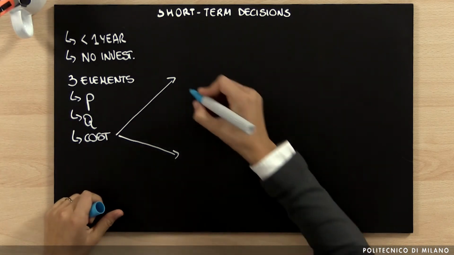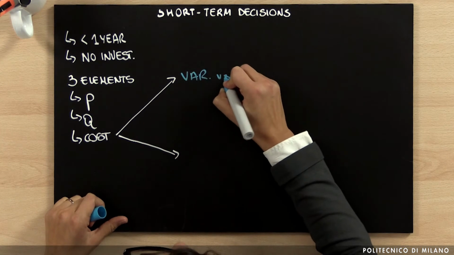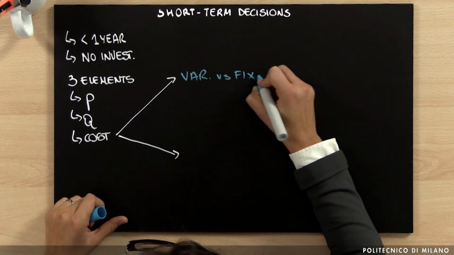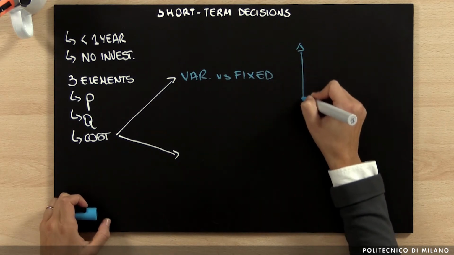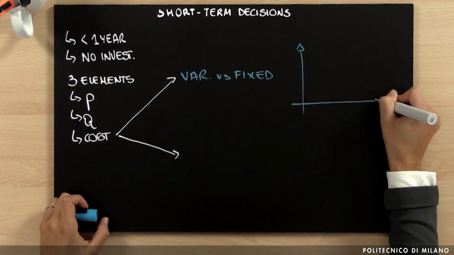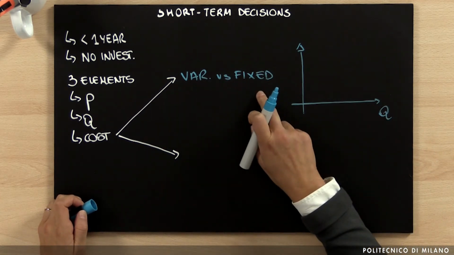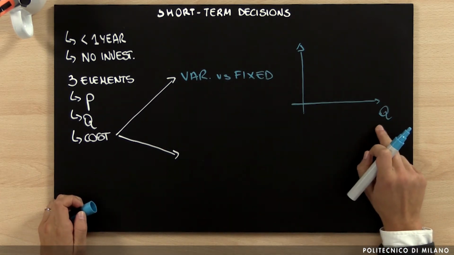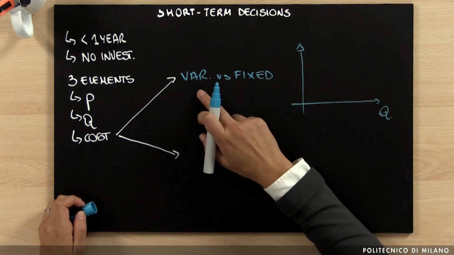The first one is the distinction between variable and fixed costs. If we think of plotting the cost with respect to the quantity, we can distinguish the variable cost from the fixed one. When the quantity increases and the cost increases as well, we are talking about a variable cost.